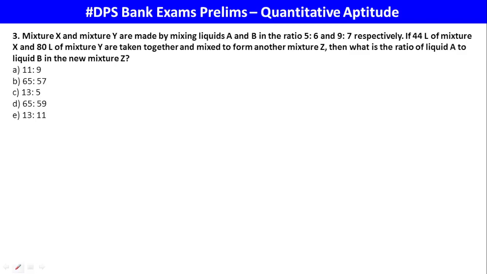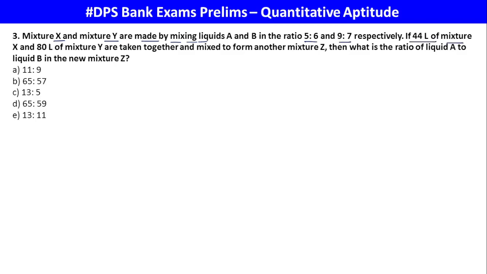Next question. Mixtures X and mixture Y are made by mixing the liquids A and B in the ratio 5:6, 9:7.